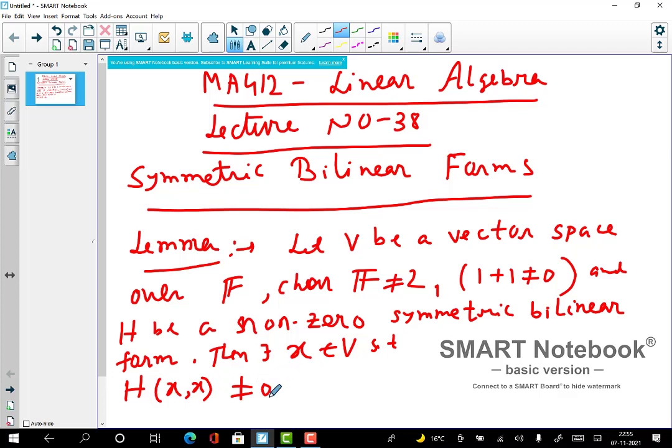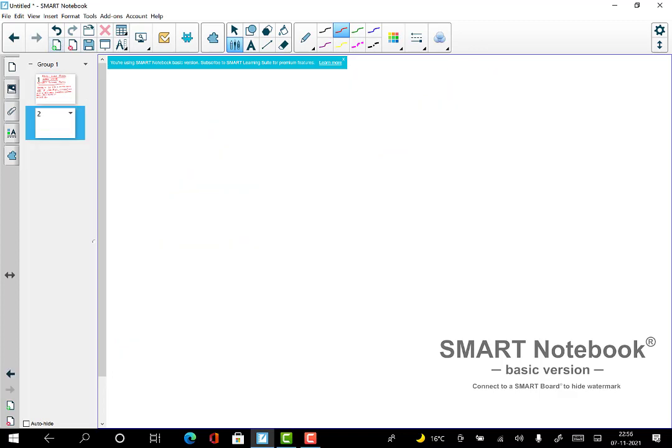So you can find a non-zero vector x such that H does not vanish on xx. H non-zero means you can find two vectors, say u and v, such that H(u, v) is not equal to 0, but you don't know whether u and v are the same or not. So how do you prove it?